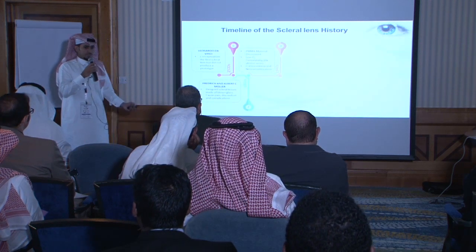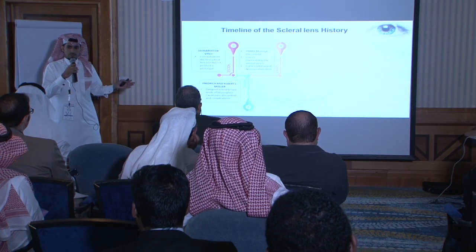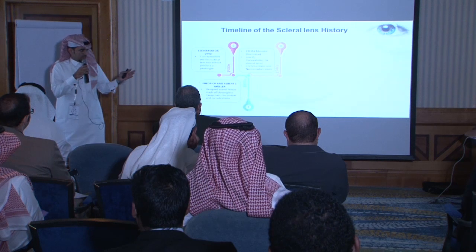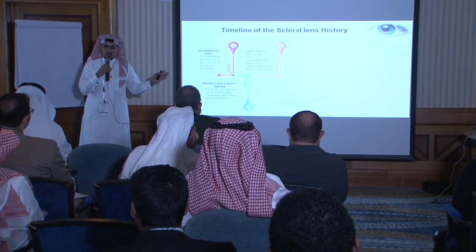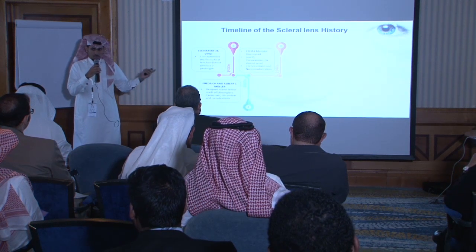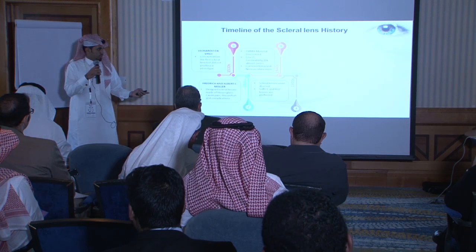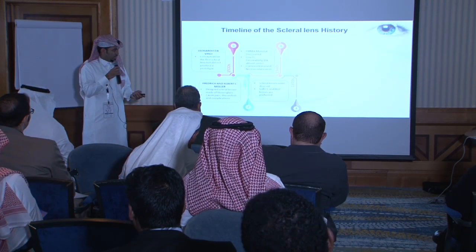In 1940, PMMA material was discovered, with low Dk, which is oxygen permeability, and they showed corneal edema and neovascularization with these lenses. Because of that, scleral lenses fell out of use in 1970 and were replaced with soft contact lenses and RGP.